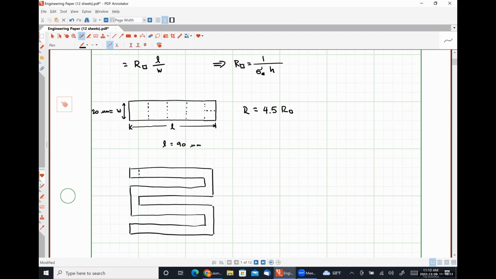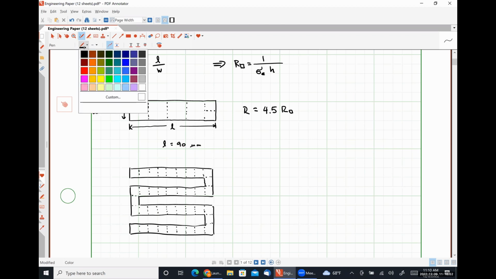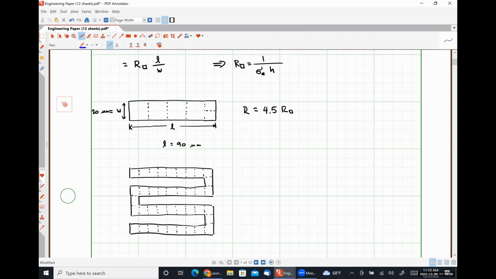So let's break this up into some number of squares. So I'm going to put a blue dot in our normal squares and a red dot in our corner squares.